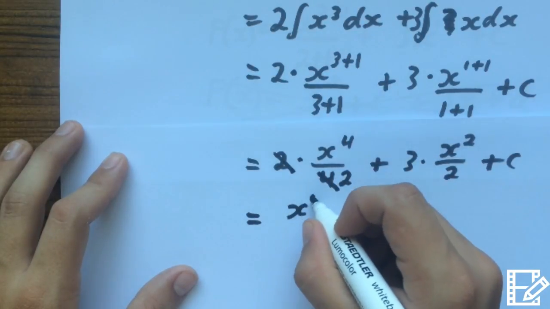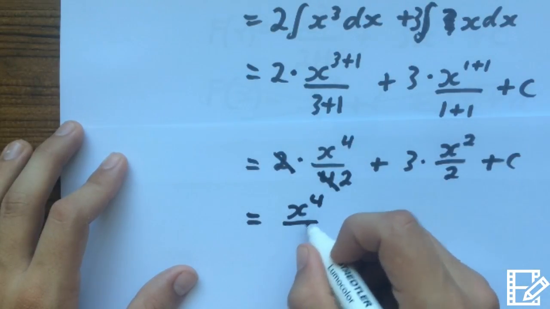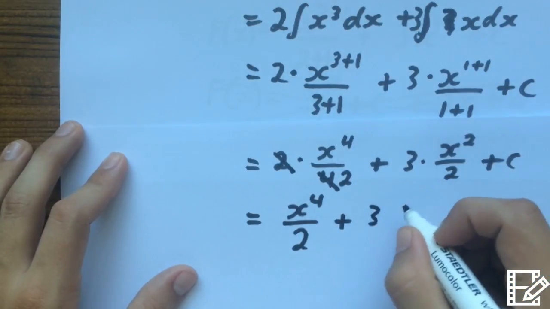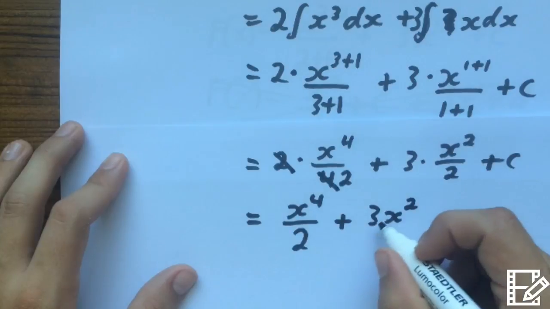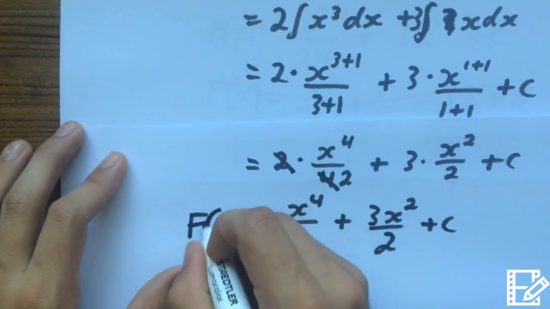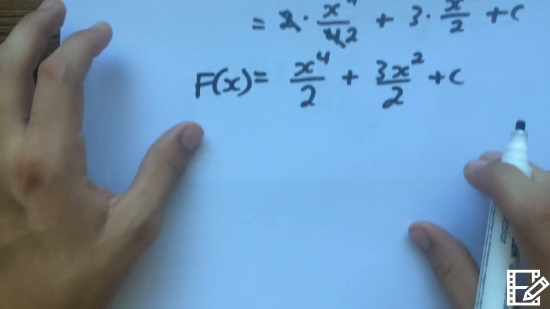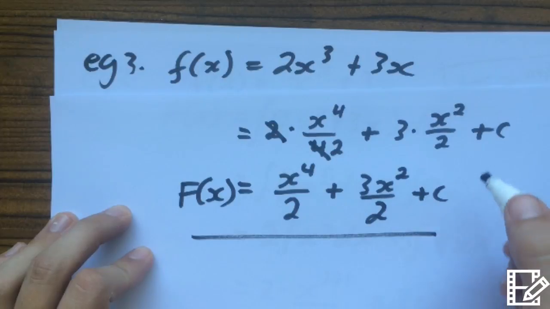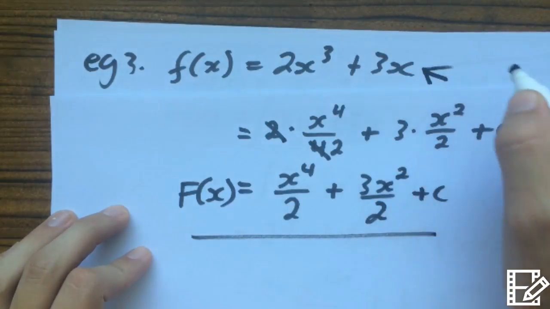Therefore, it would be x to the power of 4 on 2 plus 3x to the power of 2 on 2 plus c. And that there would be your integral of this function up here.